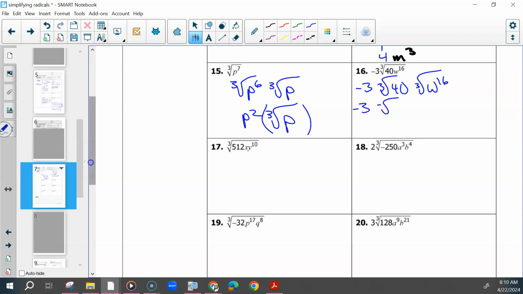Negative 3 times the cube root of 8, and the other one would be 5. 3 goes into 16 how many times? Or think of the closest factor that 3 would go into. So it would go in 5 times with 1 left over.